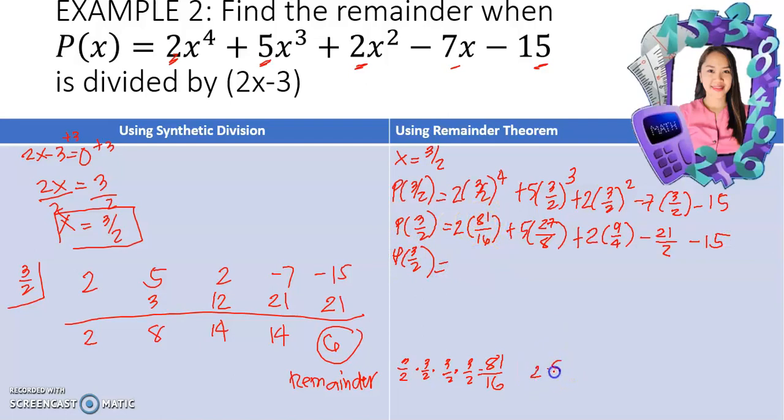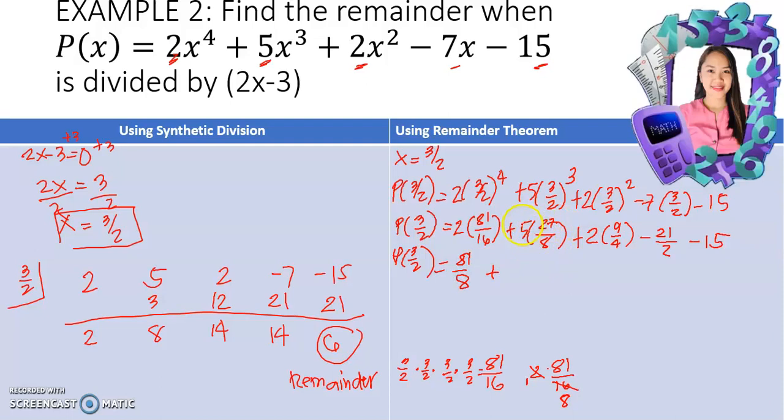So P of 3 halves equals 2 times 81 over 16. Pwedeng mag-cancel sa 2 and 16 by 2. Magiging 1, magiging 8. So this will become 81 over 8 plus 5 times 27 over 8. So wala tayong pwedeng i-divide sa 5 and 8.